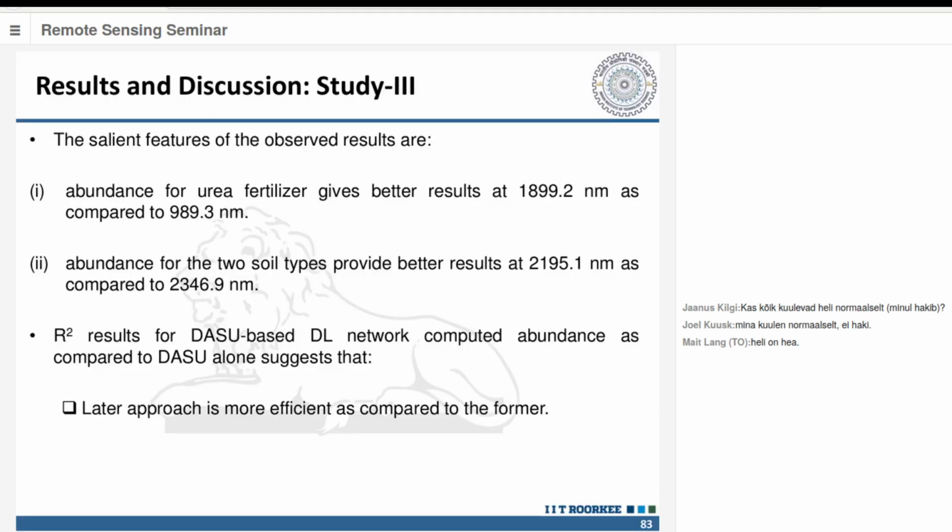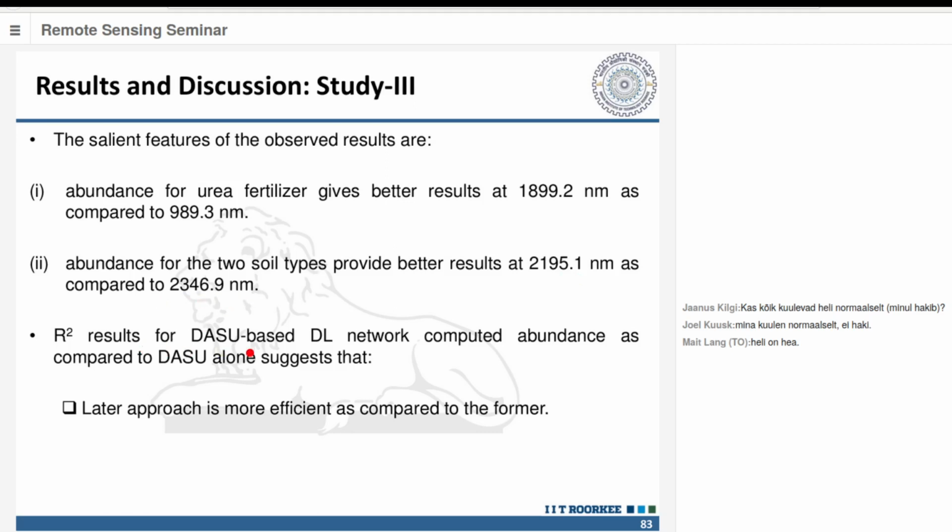So based on this observation, I have found that these two wavelength regions give better results, and abundances for these two soil types provided better results at 2195.1 nanometer as compared to 2346.9 nanometer.